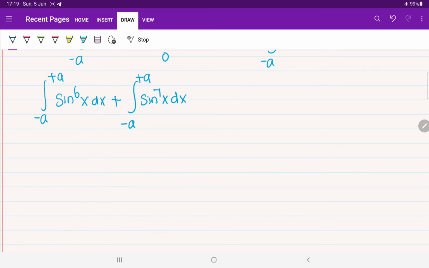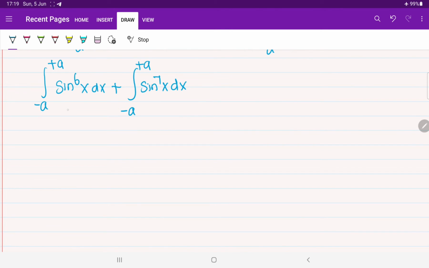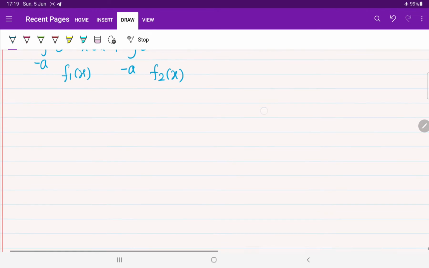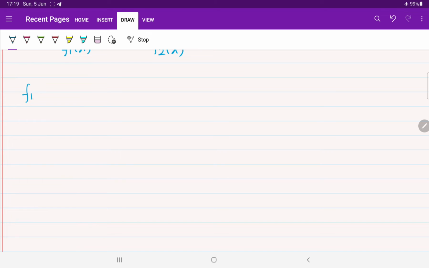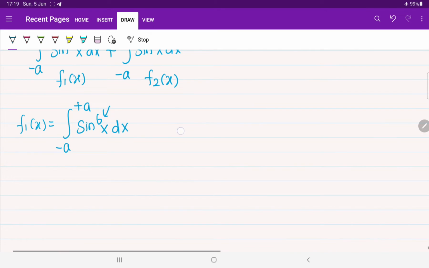Now how to check whether the given function is even or odd? I treat the first one as f1 of x and the second function as f2 of x. Let us look into only the first function, f1 of x, which is defined as the integral from minus a to plus a of sine power 6x dx.